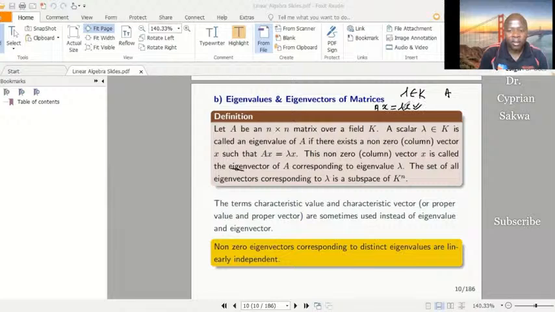That this product should be fulfilled for lambda here to be an eigenvalue of A and X here to be its corresponding eigenvector. So that is what we'll be doing in most of our examples, to verify that a certain lambda is an eigenvalue of a matrix A, and also to verify that a certain X is an eigenvector. So we'll be using this expression here to verify that.